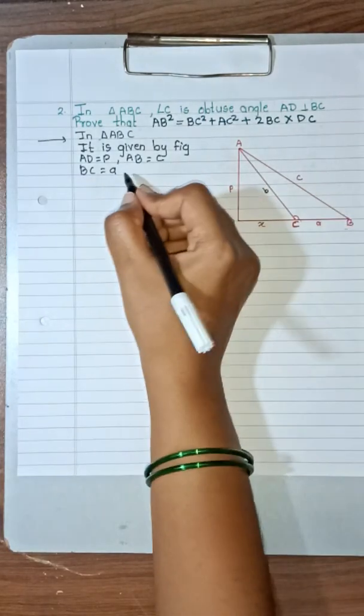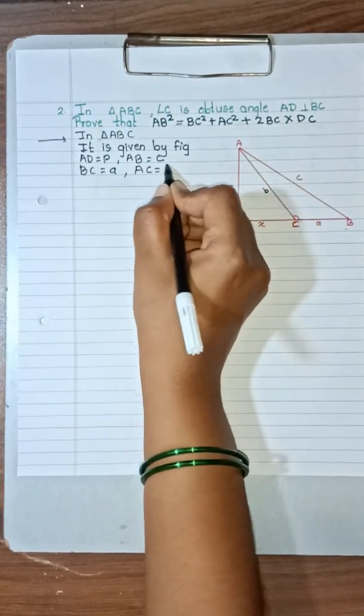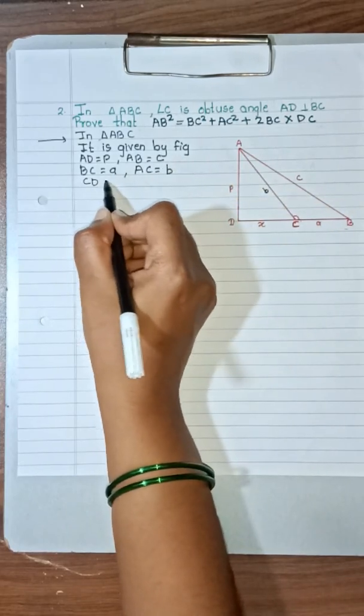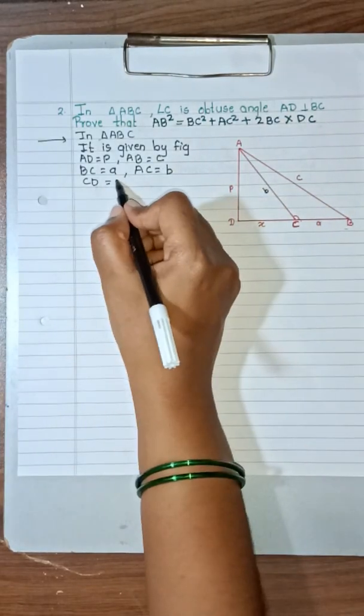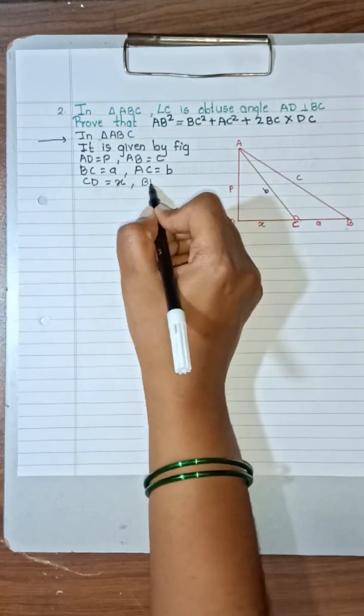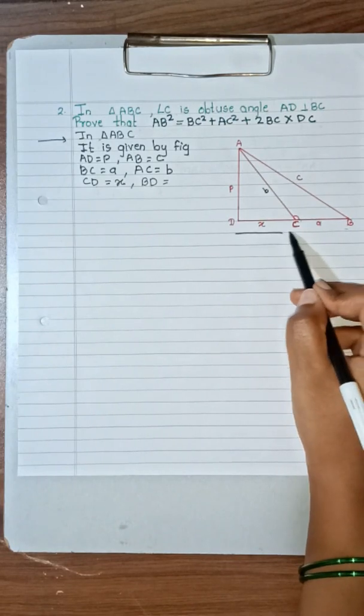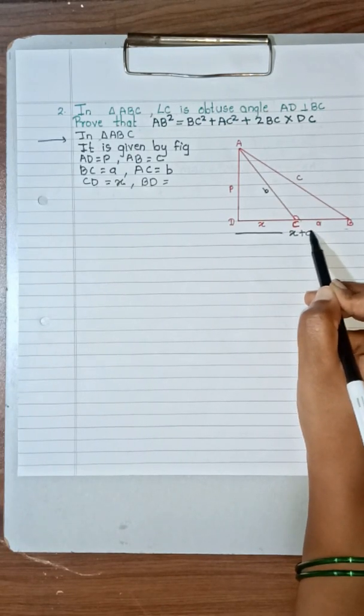CD is equal to X, and BD, if you see this entire distance, is X plus A.